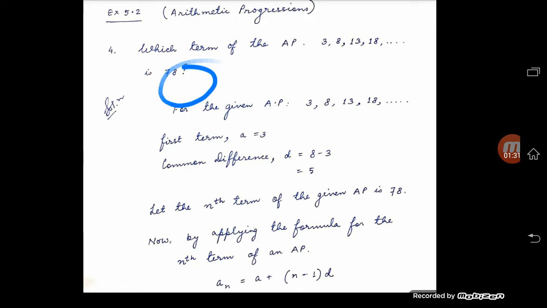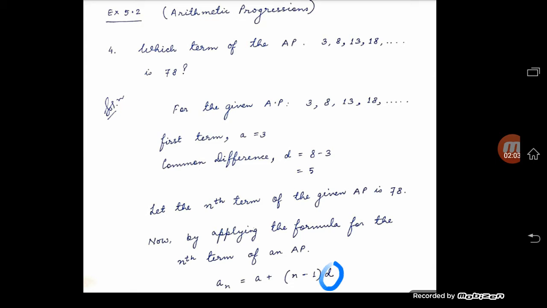Now, we apply the formula: an is equal to a plus n minus 1 into d, which is the formula for the nth term of an AP. Here, a is the first term, n is the position in which the nth term lies, d is the common difference.